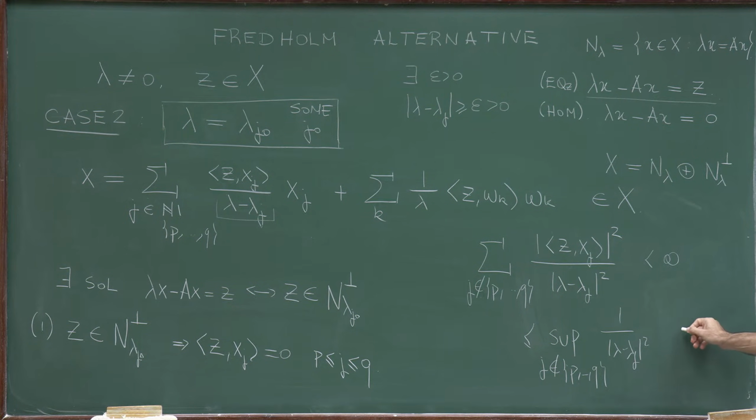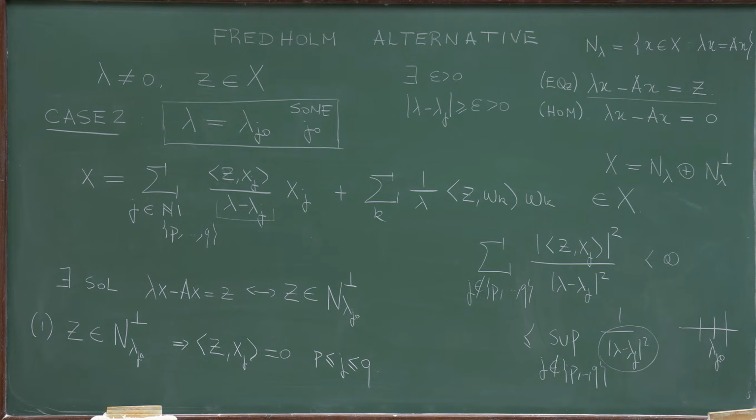Well, here what I'm doing is that I'm fixing an eigenvalue lambda j0. And so all the other eigenvalues, there is one whose absolute value is strictly larger, one which is strictly smaller than that.